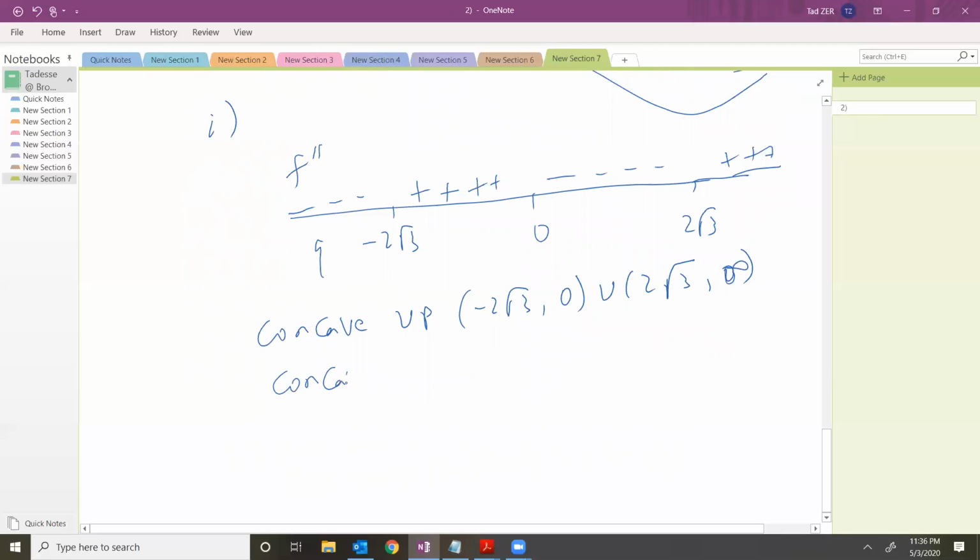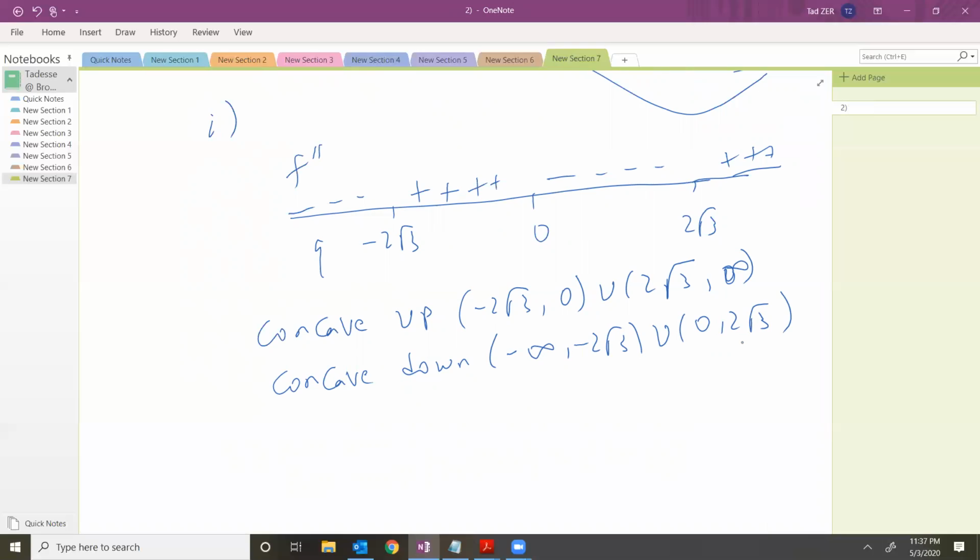And concave down means negative, which is -infinity to -2√3, union 0 to 2√3. So these are the intervals where it will be concave up and down.